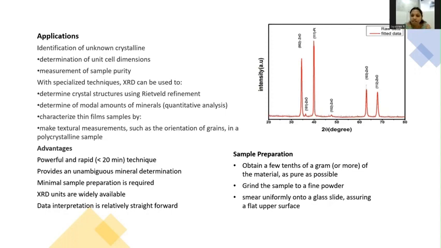This is for a crystalline sample. In crystalline samples, you have definite crystal planes and you get very good crystal peaks in the graph. What happens to an amorphous sample?